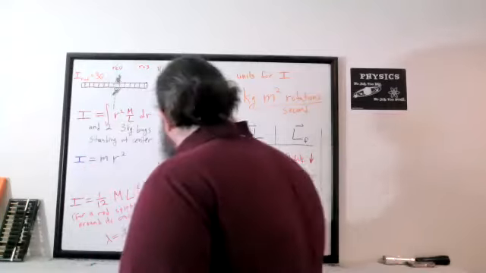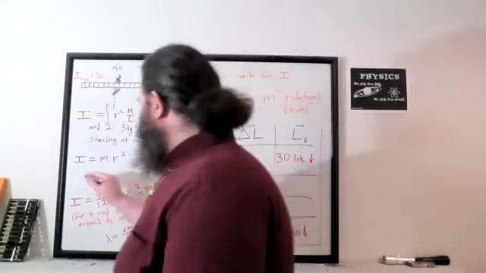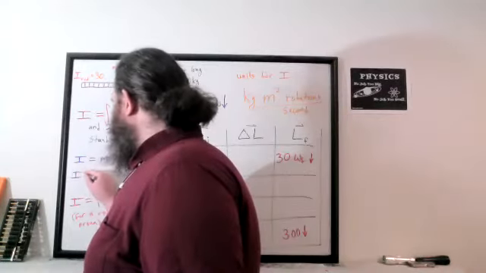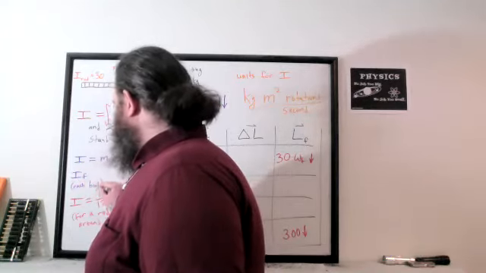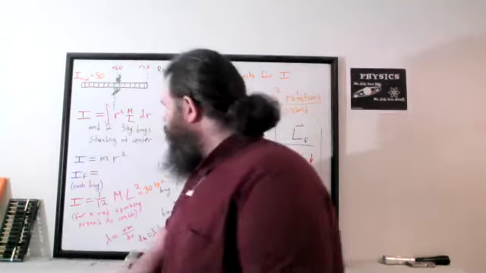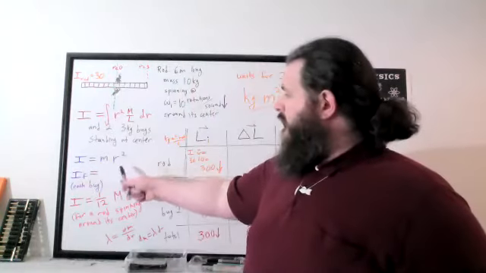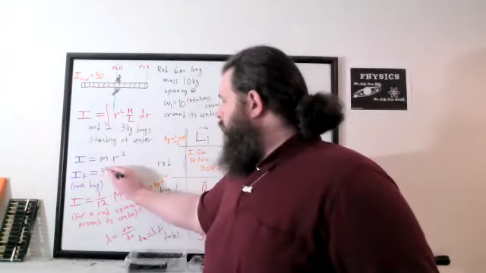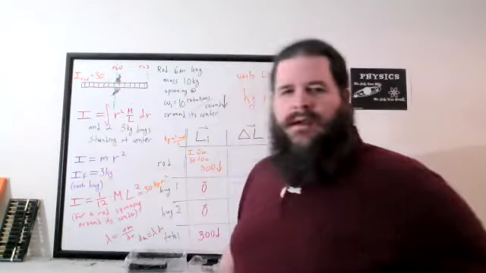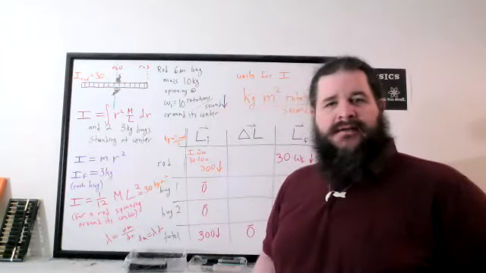So the final moment of inertia for each bug is going to be mass times radius squared. For each bug, the mass is 3 kilograms. And what's the final radius for the bug?